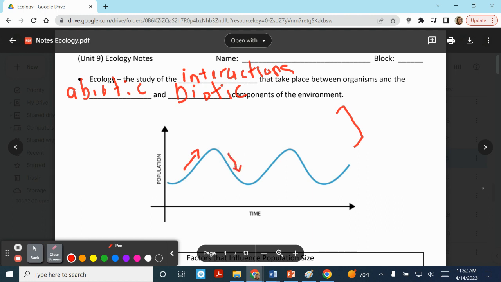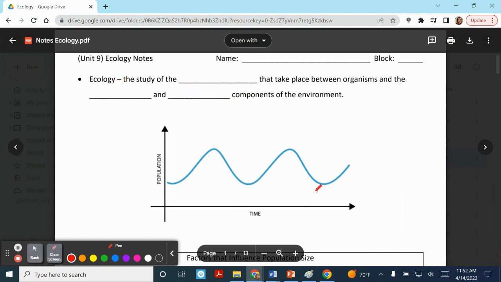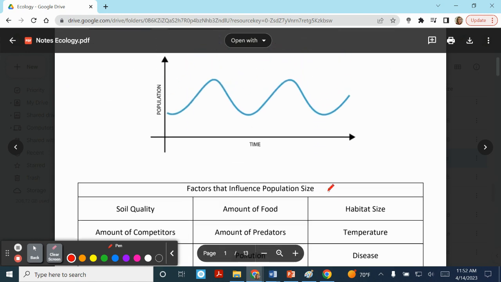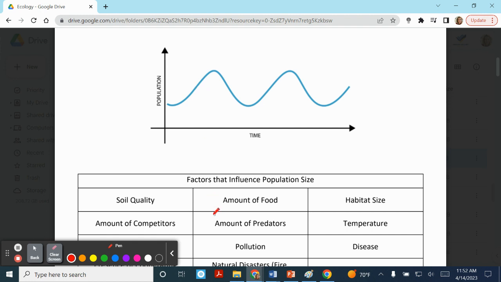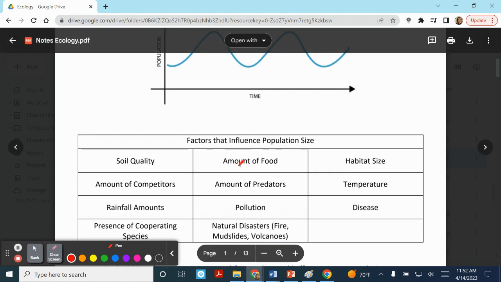So these factors that can affect population sizes are listed down here below. You should be able to figure out what is happening during certain periods, in relation to predators, pollution, or diseases, because these are the factors that can affect whether populations are going up and also whether they are coming down.